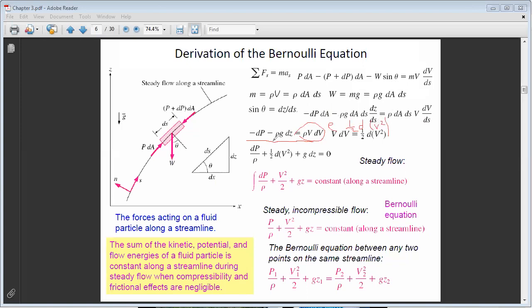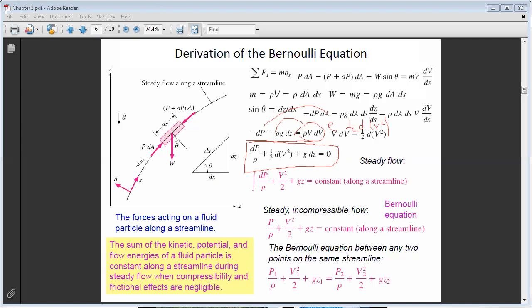If we take these terms to the other side, we divide all terms by rho and get dp over rho plus half d v squared plus g dz equals 0. And this equation is very important. From here, we can derive the Bernoulli equation.